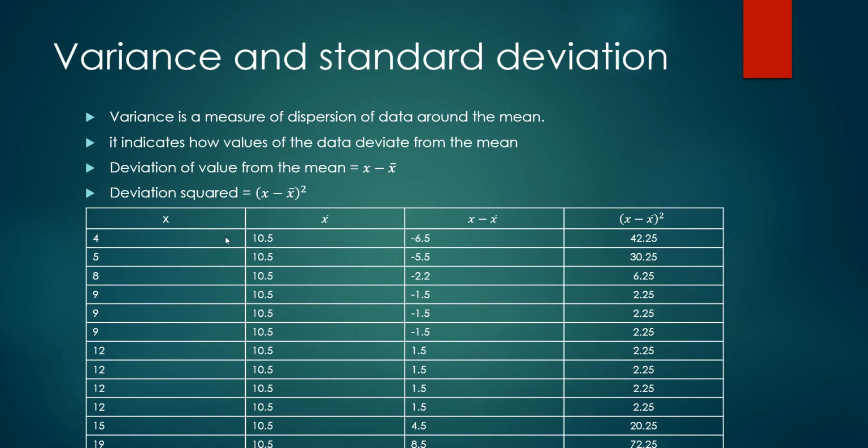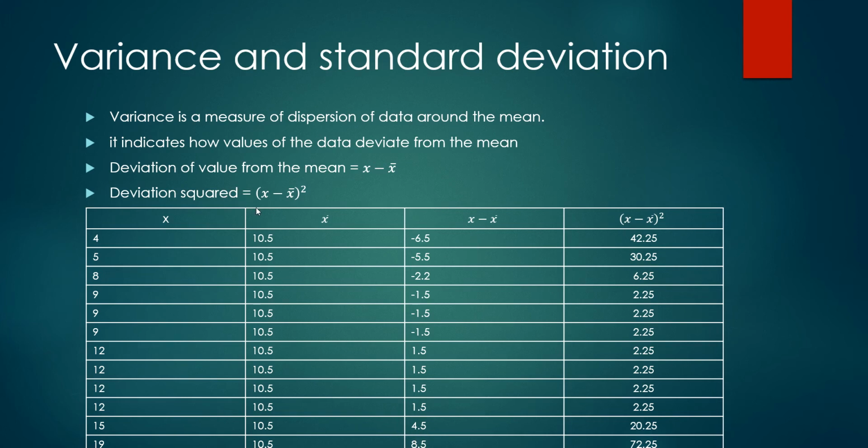If you look at the first row, for example, x minus the mean is 4 minus 10.5, which gives minus 6.5. Similarly, the second row, 5 minus 10.5, gives minus 5.5, and so on. You do the same for each row until you reach the last row, which is 19 minus 10.5, equal to 8.5.